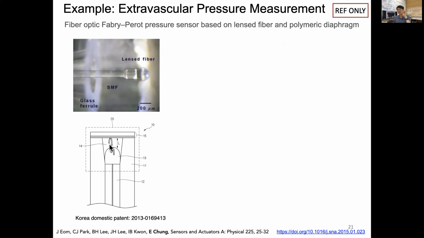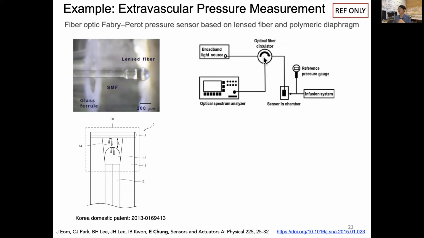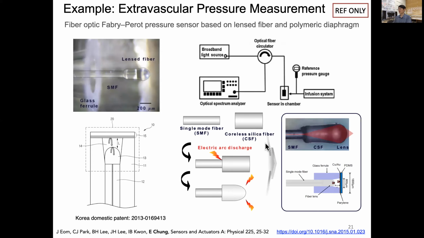That tiny displacement can be measured by optical interference, detected by an optical spectrum analyzer with a broadband light source. To create the lensed fiber, we used an electric arc discharge to make it like a lens. We published this and generated patents. That's an example of a very fine extravascular pressure measurement system that you could potentially use inside the body.